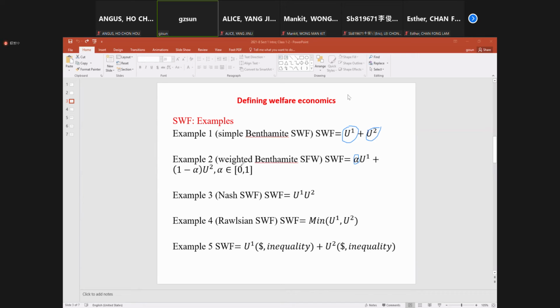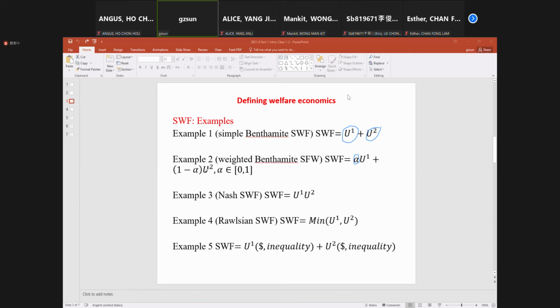This is the so-called weighted Bentham social welfare function. Let me give you an example of how to make sense of such a function. Just interpret person 1 as the whole class of workers, and person 2 as the whole class of capitalists. This is the working class, basically poor people. This is the capitalist, the managers, the bosses, the rich people.